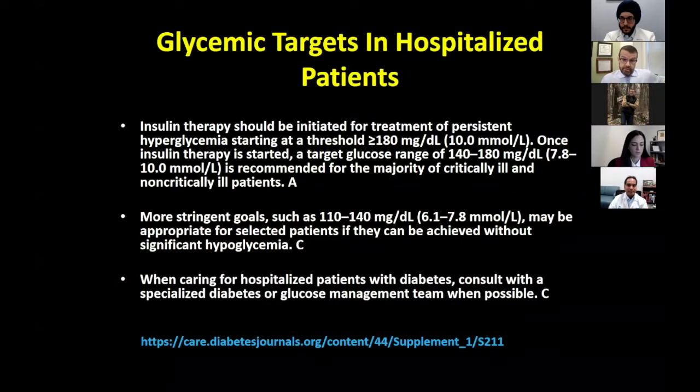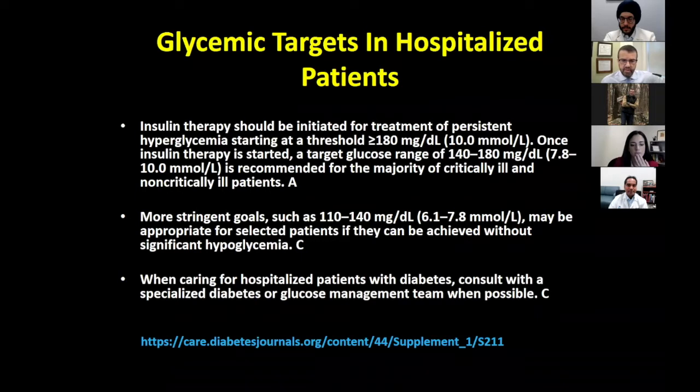Thinking about those patients as well, it's good to talk about our glycemic targets when we see someone on the consult service, on the inpatient service as well. And everyone here is well aware that for a majority of inpatients, a target glucose of 140 to 180 is recommended, for the majority of critically ill and non-critically ill patients.